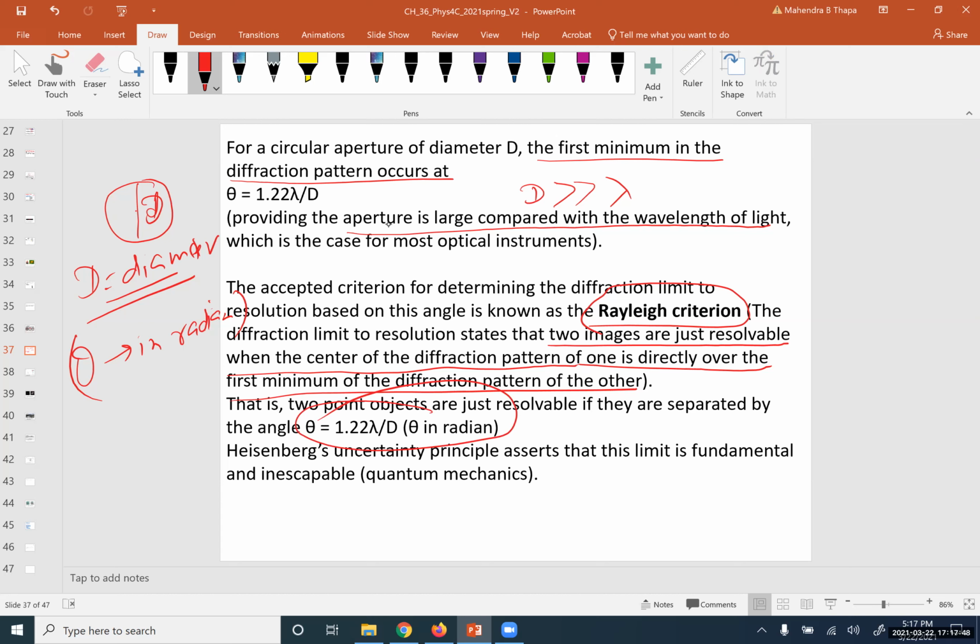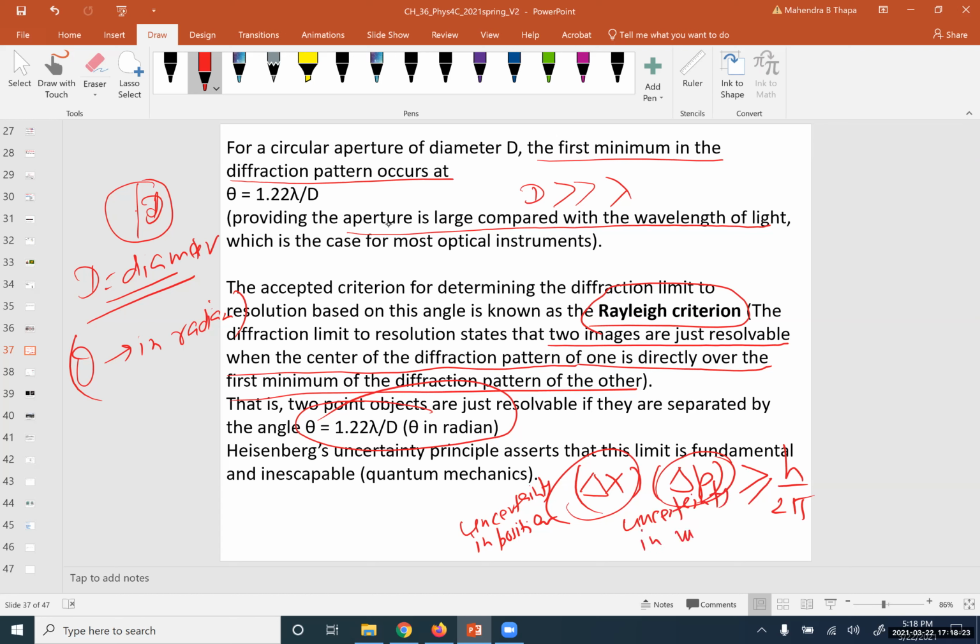The Heisenberg uncertainty principle also supports this idea. The uncertainty in position times the uncertainty in momentum is greater than or equal to h over 2 pi. Here delta x is the uncertainty in position and delta p is the uncertainty in momentum.